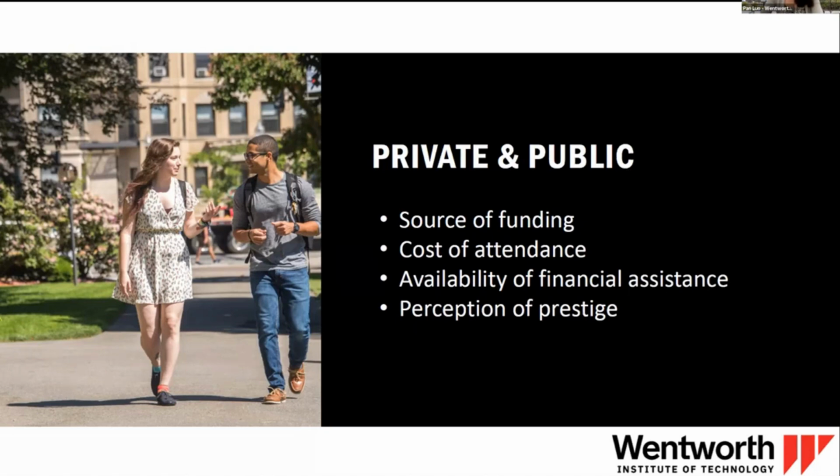The second difference is about the cost of attendance. Public universities are heavily subsidized by the state government, which enables them to charge lower tuition fees, but only for their in-state residents. So most of the time, it does not apply to international students, since you and your parents are probably not paying taxes to that state.